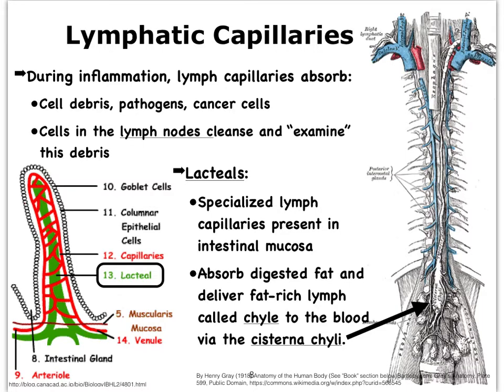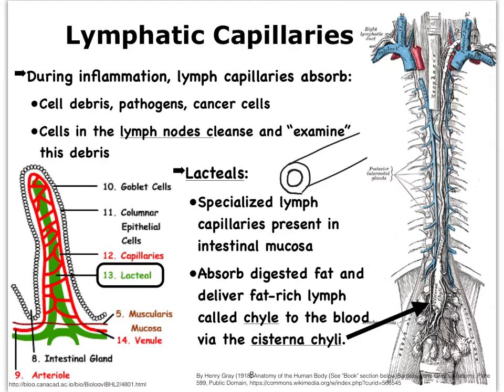Now, in the small intestine, we have some modifications of the lymph capillaries and the lymphatic vessels. So if we draw the wall of the small intestine, let's say, I'm going to make an attempt to draw a three-dimensional structure here.